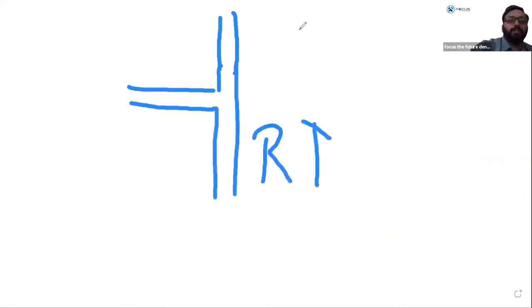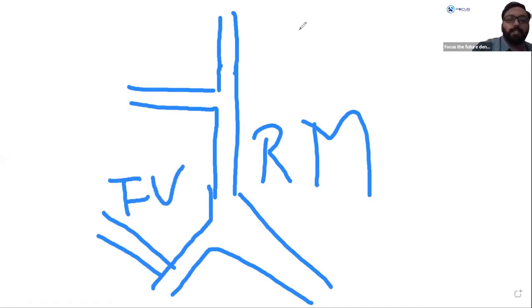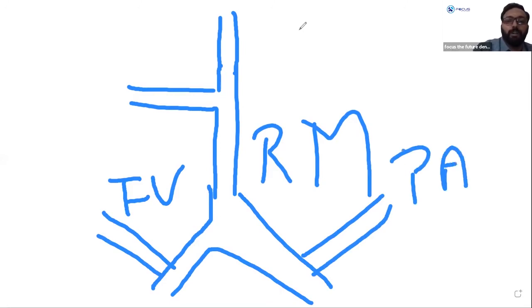So these are the structures which are inside the parotid. This retromandibular vein further divides into an anterior division and a posterior division. The anterior division joins with the facial vein. The posterior division joins with the posterior auricular vein. The anterior division forms the common facial vein and the posterior division forms the external jugular vein.